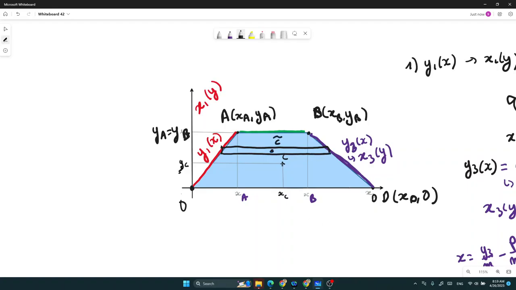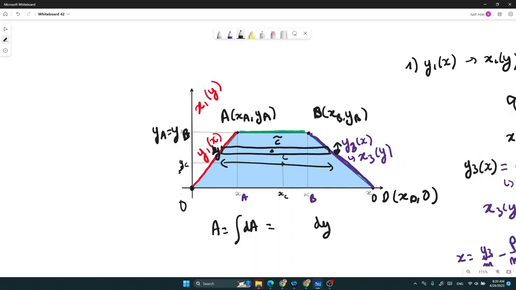This is the C tilde of this rectangle in the middle. So first thing, you need to find the area. Your area will be the integral of dA. And what is dA? dA will be the length times the height. This height on that rectangle is dy.